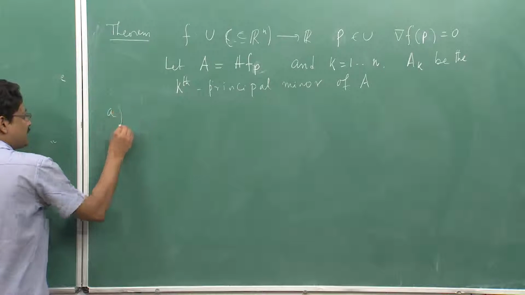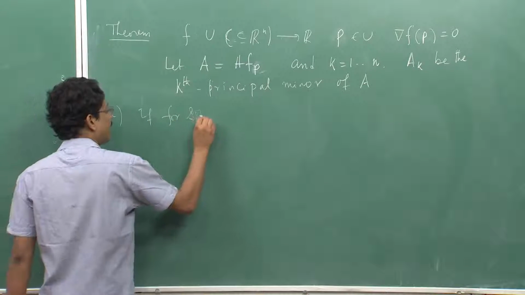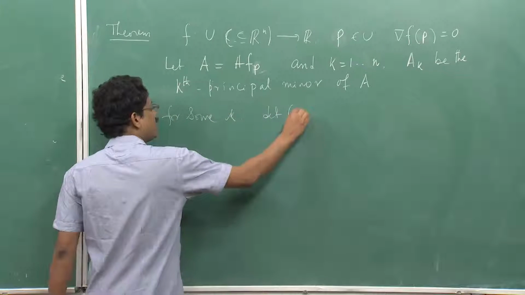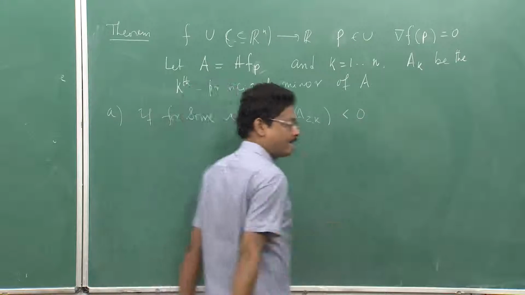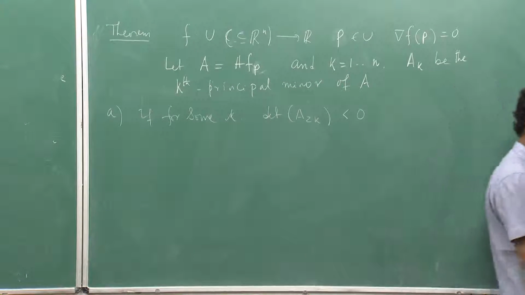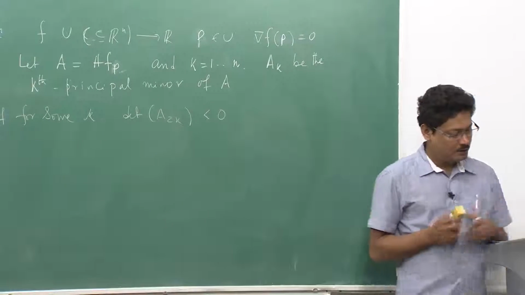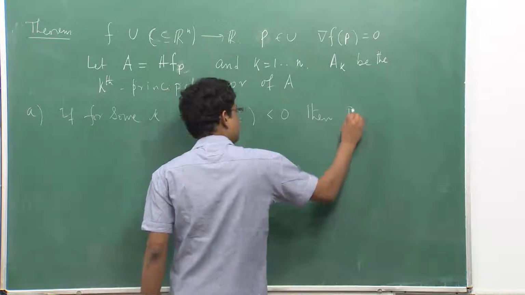So the conclusion is like this. A: if for some k, the determinant of A_2k is negative, not A_k, but where k has to be between 1 and n, then P is a saddle.